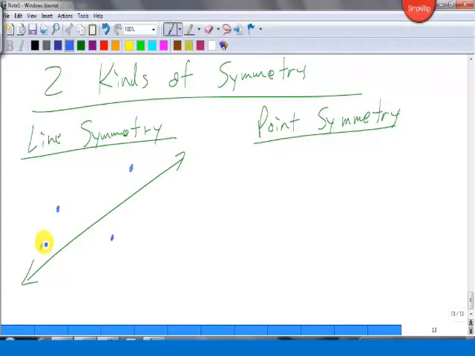And I'm going to connect the dots like this, and this, and this. Some somewhat randomly selected points. But as the graph stands now, it doesn't have symmetry with respect to this line. It's just kind of there, and there's the line.